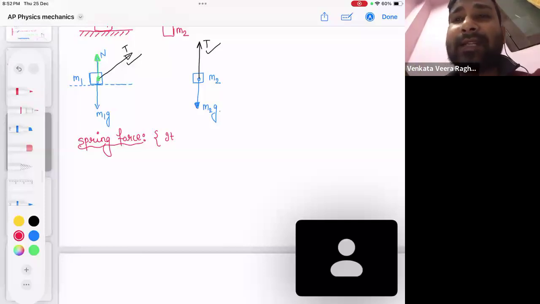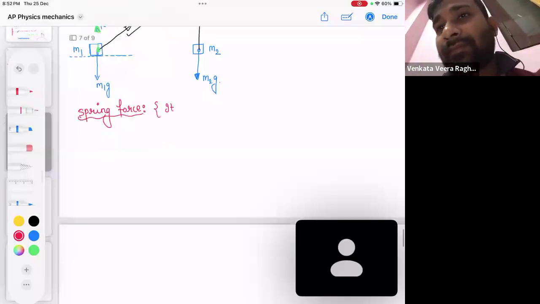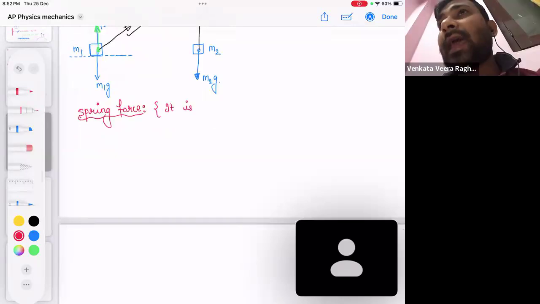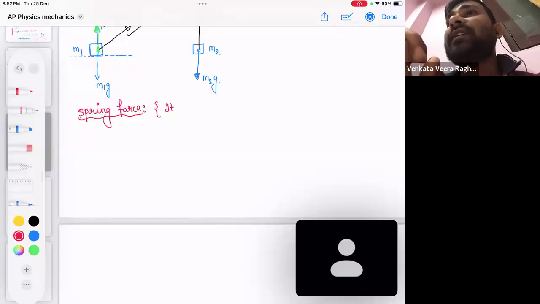Please tell, is that part clear? Yes, sir. So it is acting in both ways. So how do we decide when it is pulling and when it is pushing? For that I need to check whether my spring is in a compression state or an elongation state.